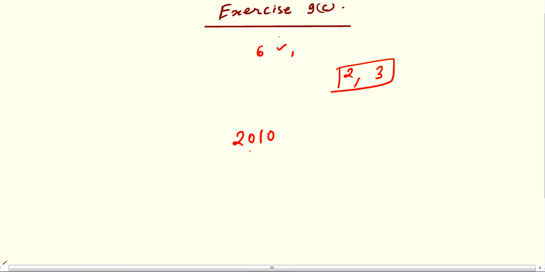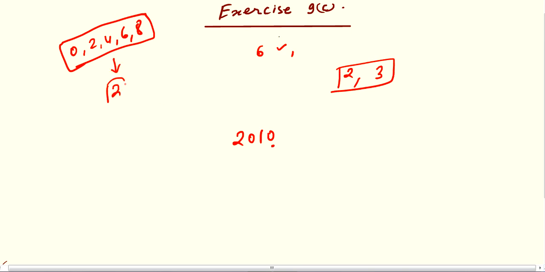Now in 2010 the last digit is 0, and as you know, if we have 0, 2, 4, 6, 8 in the unit place, the number is divisible by 2. So 2010 is divisible by 2 because the last digit is 0.